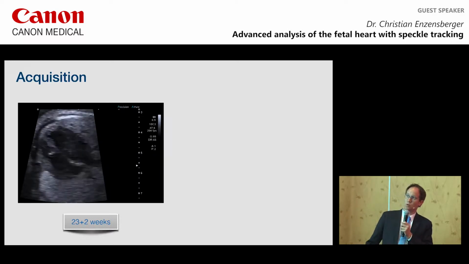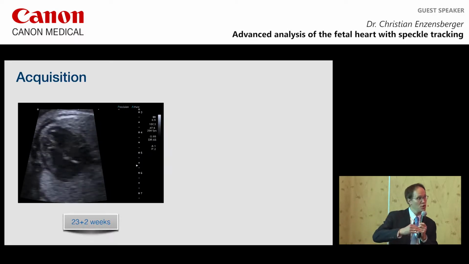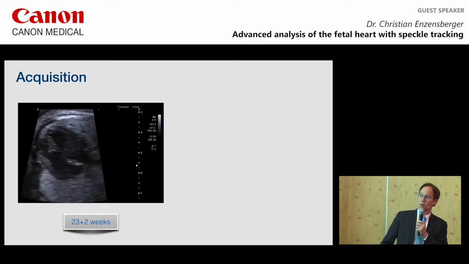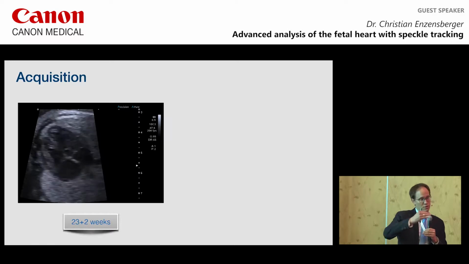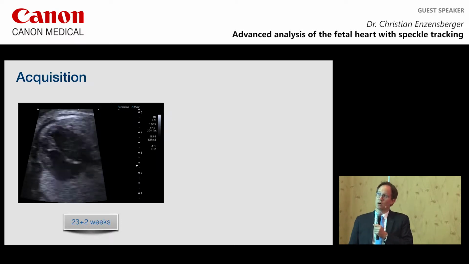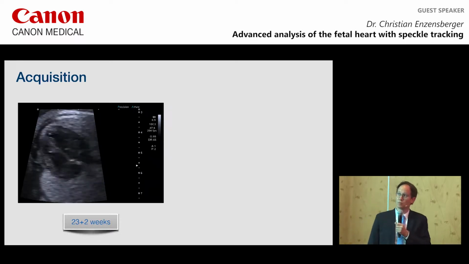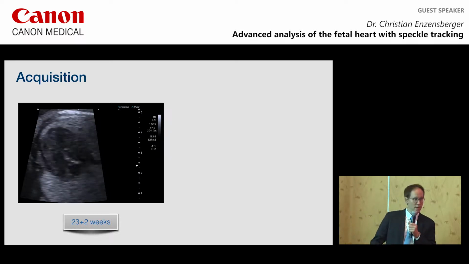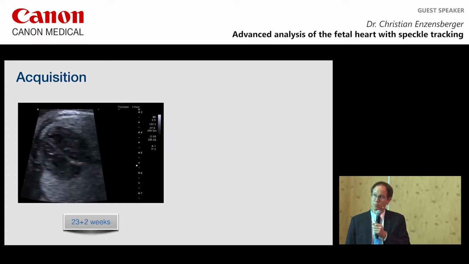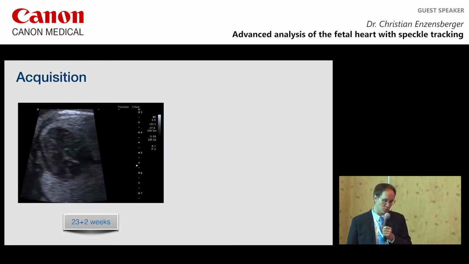Because you want to get to know the longitudinal peak systolic strain, which is an expression of the contraction, that means shortening and lengthening of the myocardium, you need a good axial resolution, and you will not lose information by a poorer lateral resolution.